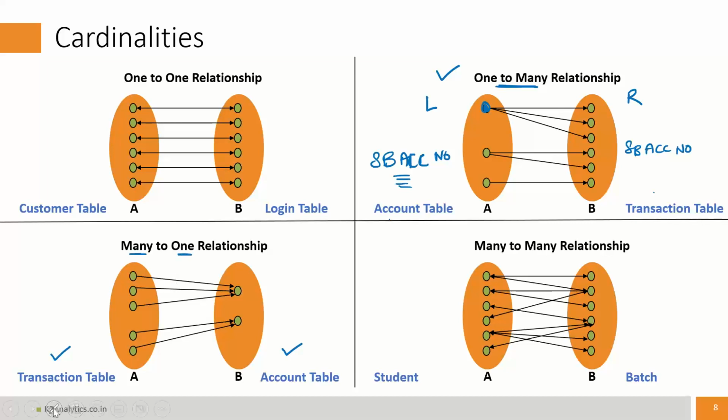Now, the final type of join is many to many, which ends up like a Cartesian join. If you have two tables which have a many to many relationship, for example, there is a student and there is a batch.